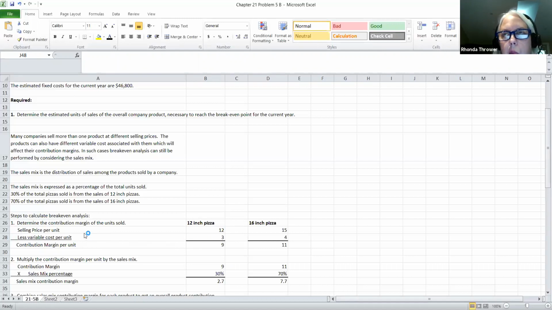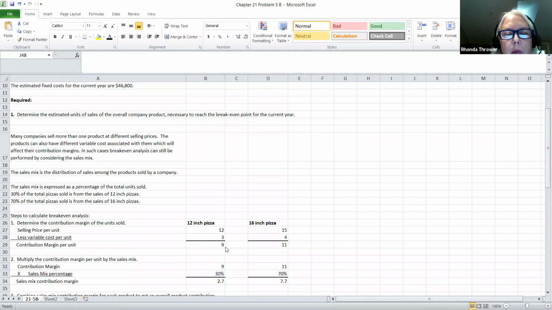And you'll remember the selling price per unit minus the variable cost per unit will give you the contribution margin per unit. So for the 12-inch pizzas, the selling price was $12 per unit. The variable costs were $3 per unit. So the difference between these is the contribution margin per unit of $9.